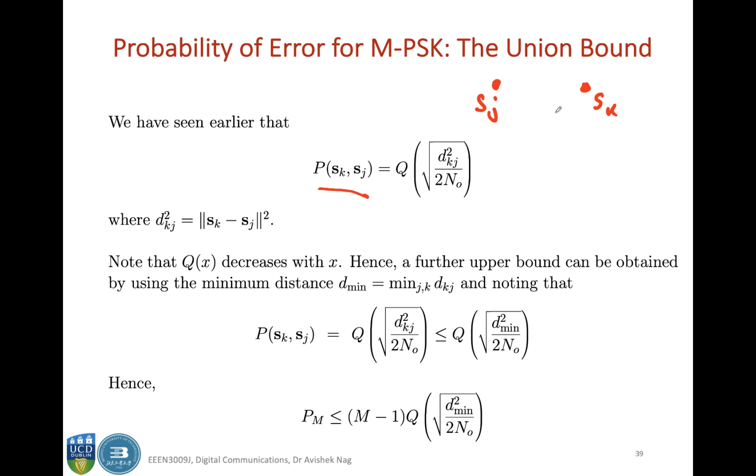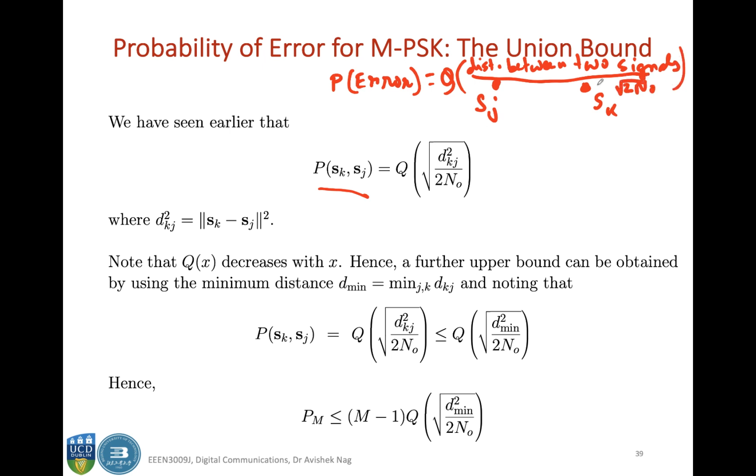If you recall from whatever you have learned so far, the probability of error between two signals is basically the Q function of the distance between the two signals divided by the noise RMS power, which is given by square root of 2N0.